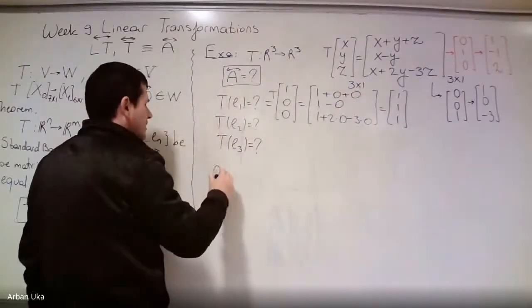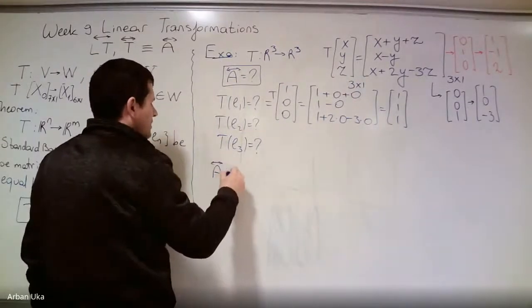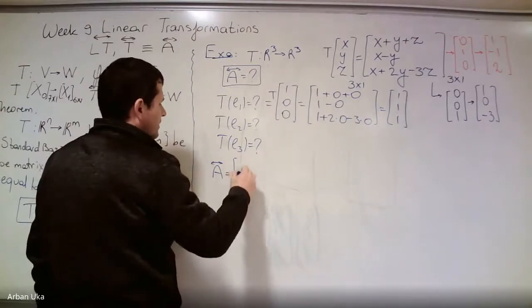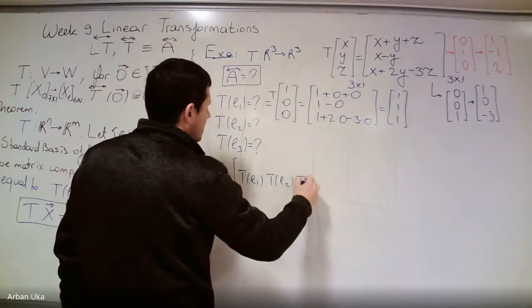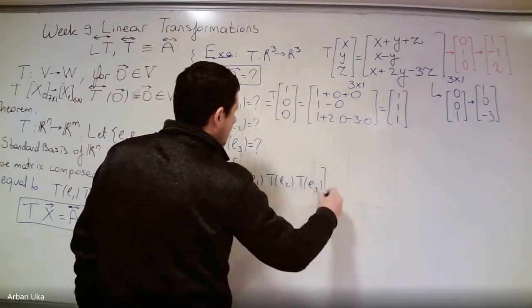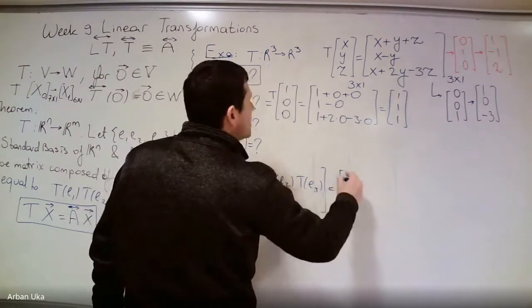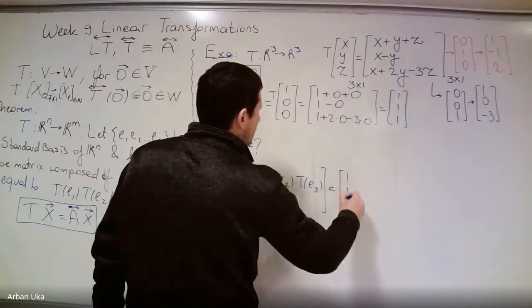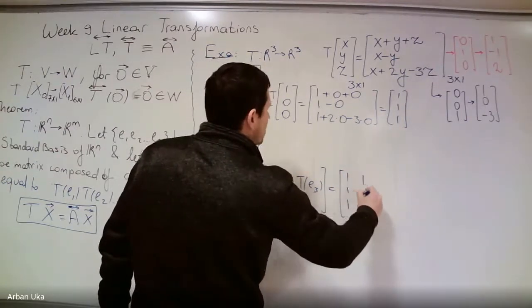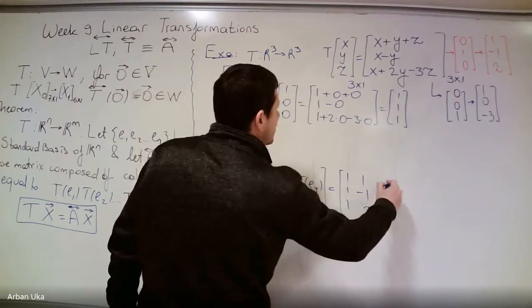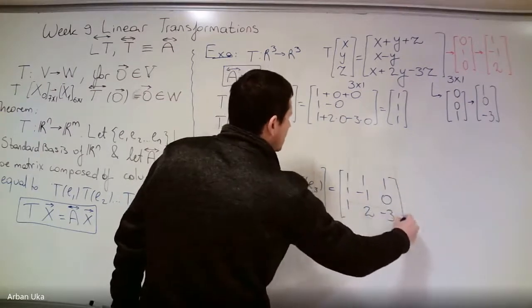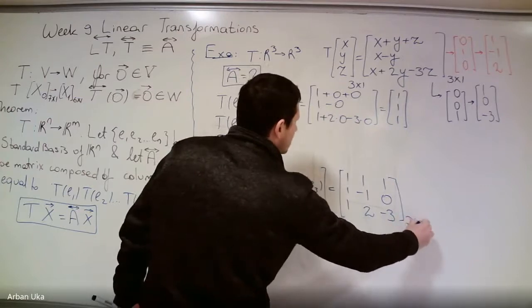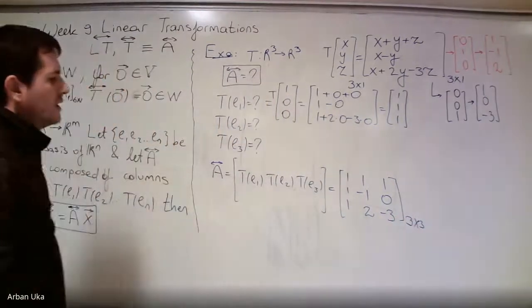We can say that this matrix A is equal to T on E1, T on E2, and T on E3. And this is equal to a matrix which is 3 by 3: 1, 1, 1; 1, minus 1, 2; and 1, 0, minus 3.